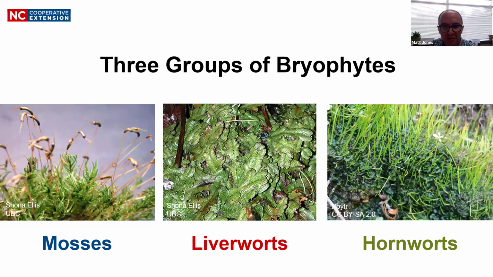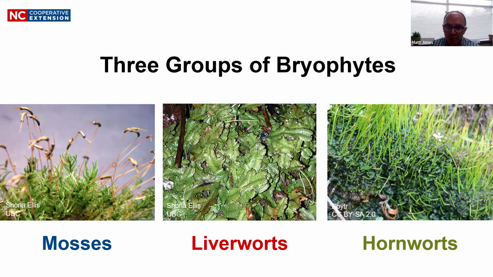Mosses include things like sphagnum moss, which is a genus of moss found in wetlands in northern climates. Sphagnum mosses have unusual leaf-like structures that are surrounded by dead cells that enable them to absorb a lot of water. And they are the precursor for peat bogs, sphagnum peat bogs.